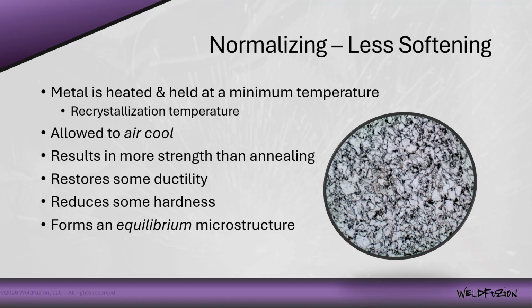And again, that's largely going to depend on the alloy and how hardenable it is, right? How much alloy content does that steel have, and how easy is it to achieve a hard or a hardened microstructure in some form. So cooling rate's going to have a direct effect on that.